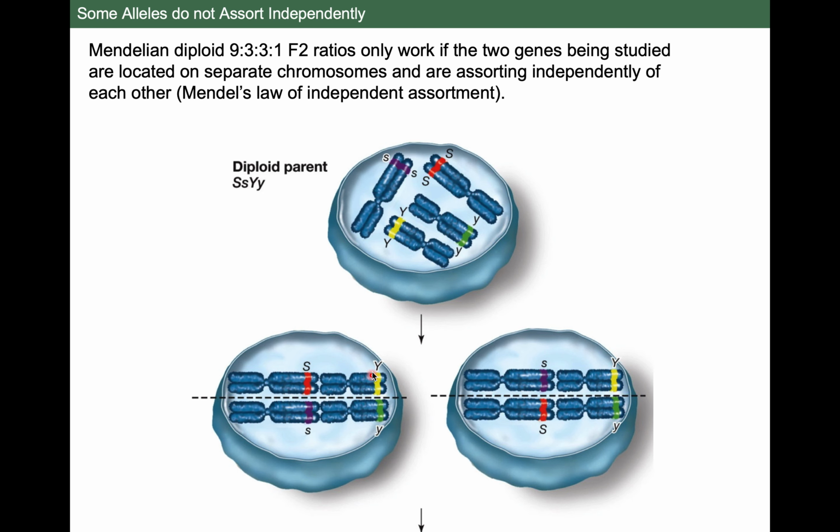The homologous chromosomes with the two versions of the Y gene pair up, and they could orient themselves in one of these two ways. But the bottom line is, this pair of chromosomes is not paying any attention to what this pair is doing. The S gene is assorting independently of the Y gene. That was critical for that F2 9-3-3-1 ratio that Mendel always got.